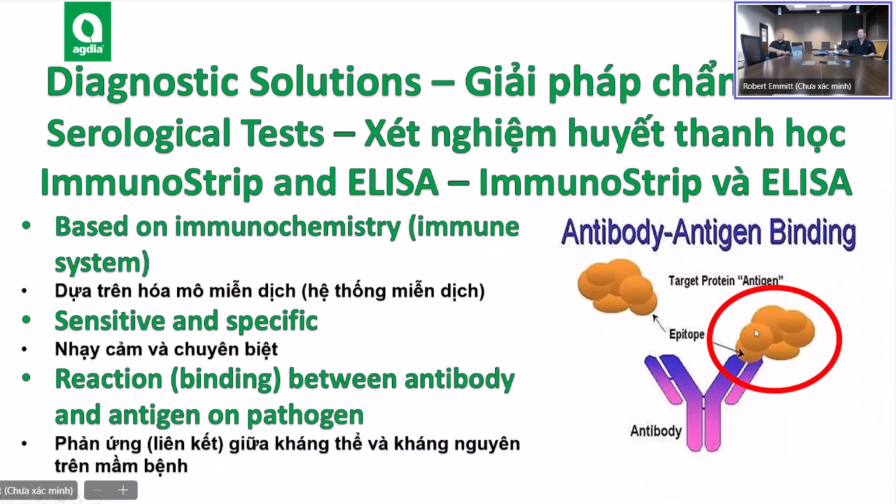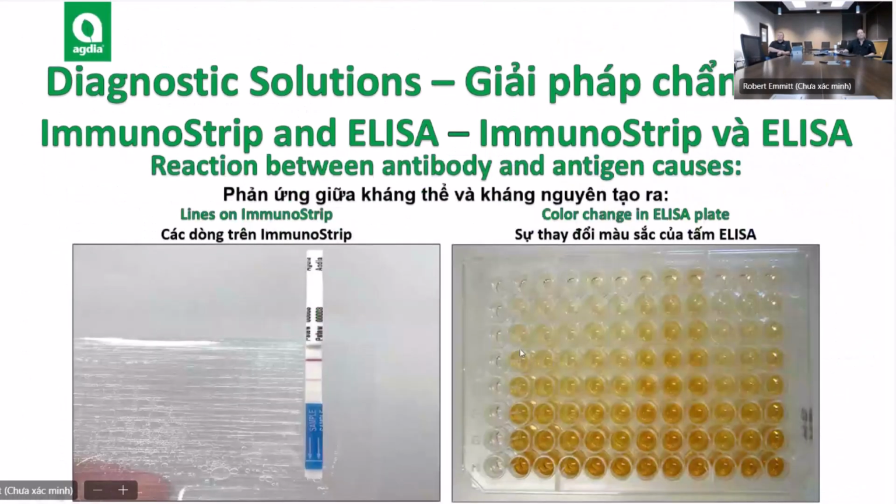So this would be on the pathogen. This would be the virus, on the bacteria, on the fungi, and this antibody binds to that. So the reaction between the antibody and the antigen causes lines on the Immunostrip or color change in the ELISA plate.